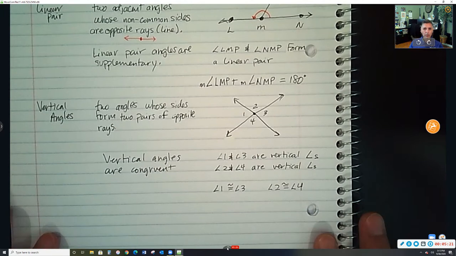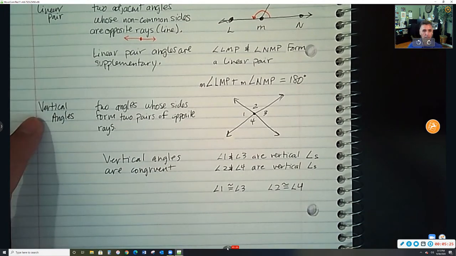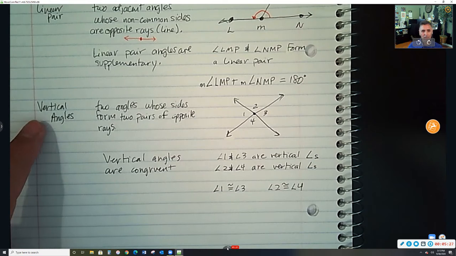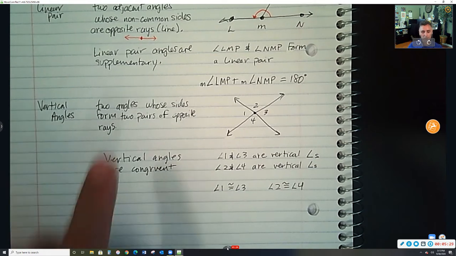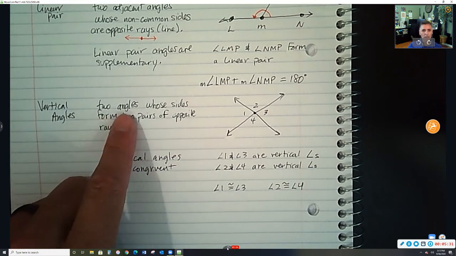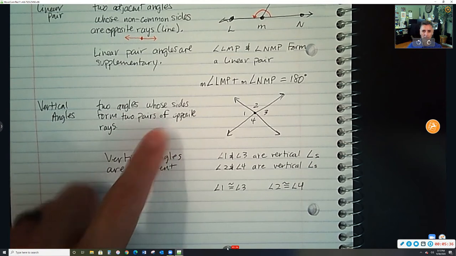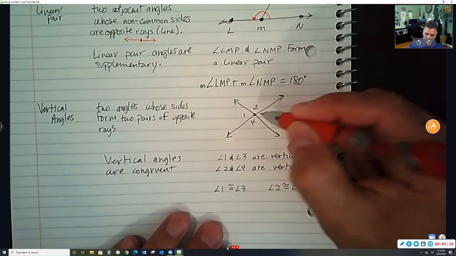The last example we have here of angle pairs is vertical angles. And this one, again, I really don't like the definition, but it's the definition that's in the book, so I use it. Two angles whose sides form two pairs of opposite rays. So let me just highlight the opposite rays.